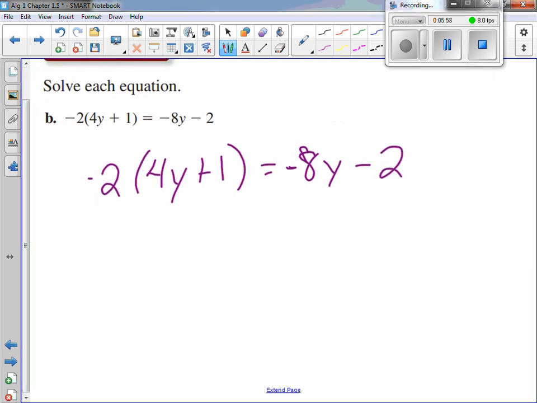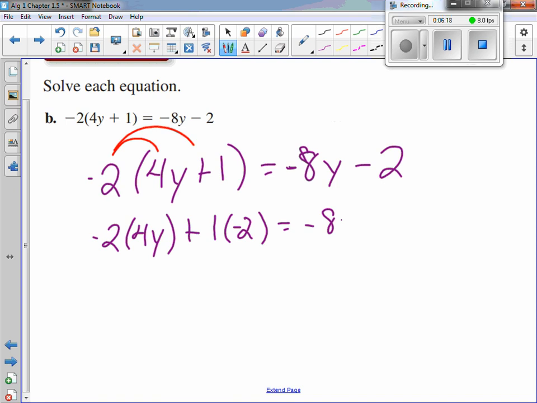So again, the first thing we have to do is use the distributive property, because we have a number outside of parentheses. So we're going to have -2 times 4y plus 1 times -2 equals -8y minus 2.